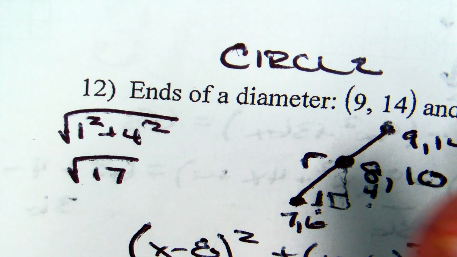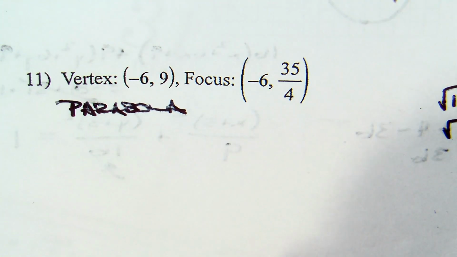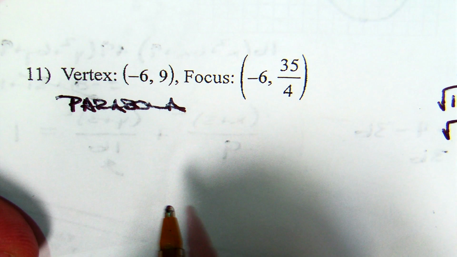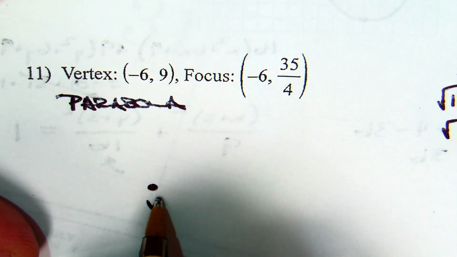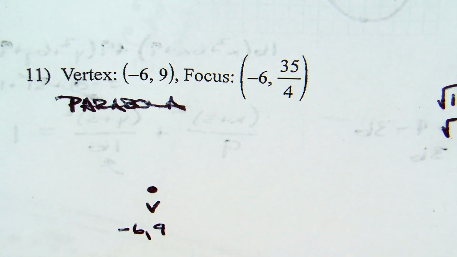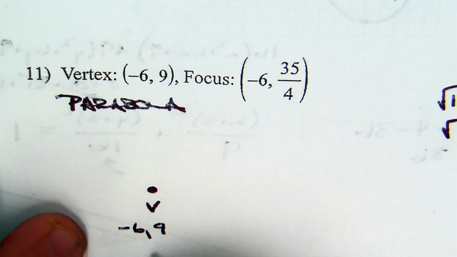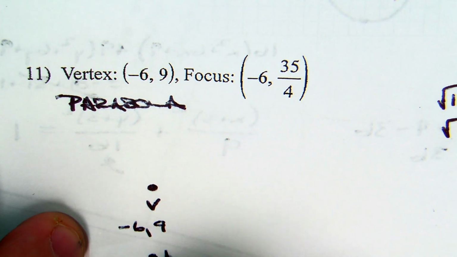All right. So, I got a vertex there and a focus there. So, what I'm going to do is I'm going to quickly plot my vertex at negative 6, 9. I'm going to estimate what 35 over 4 is, which is 8 3/4, which means my focus is down here.